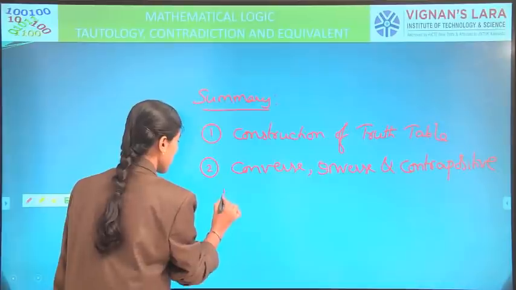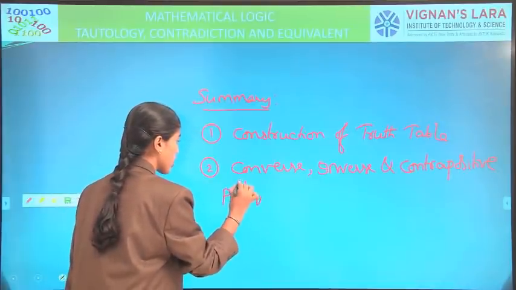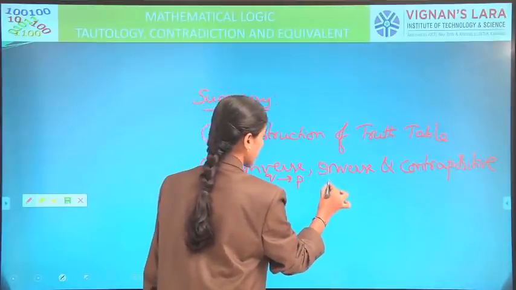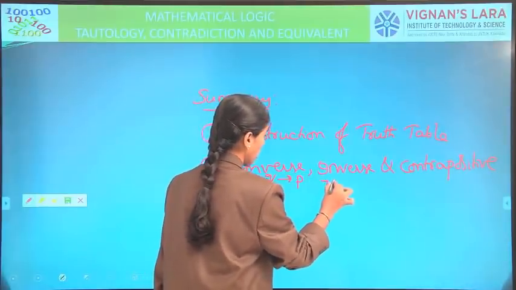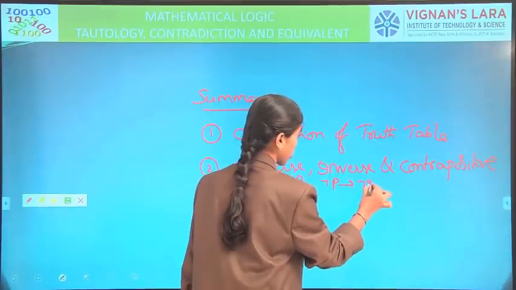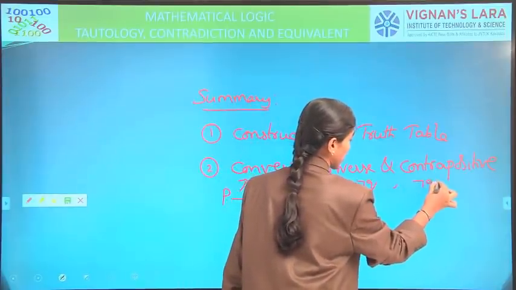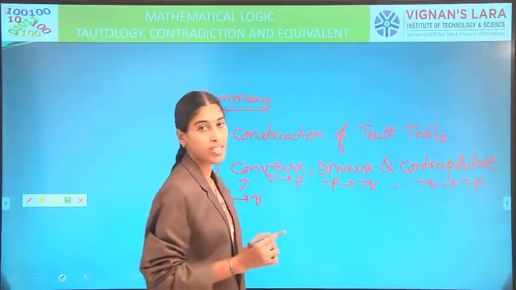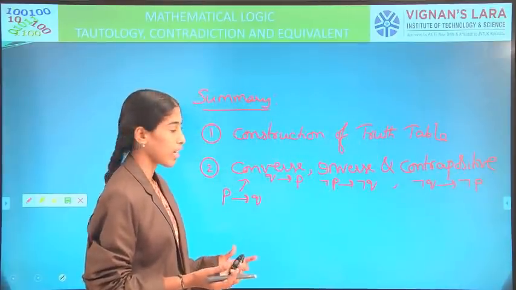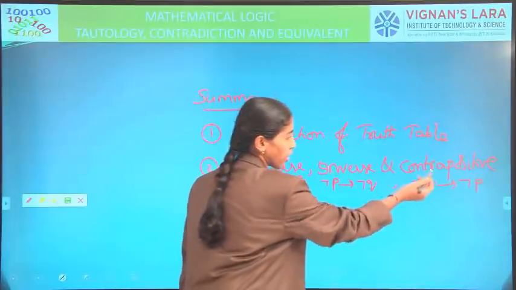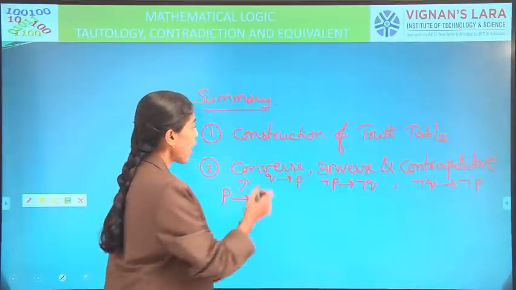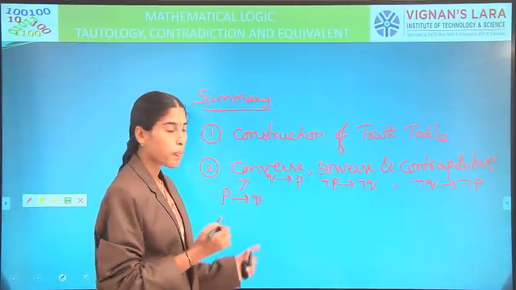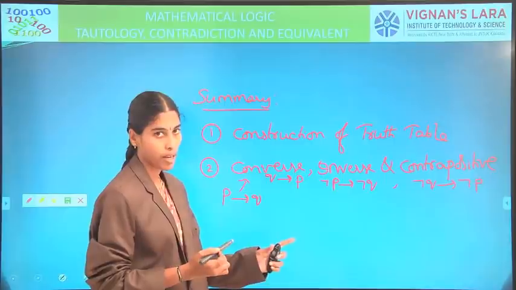If P conditional Q is a proposition, its converse is Q conditional P, its inverse is negation P implies negation Q, and its contrapositive is negation Q conditional negation P. We discussed these three topics and how they are equivalent: the given proposition and its contrapositive are equivalent, and the converse and inverse are equivalent. Then we discussed examples on converse, inverse and contrapositive.